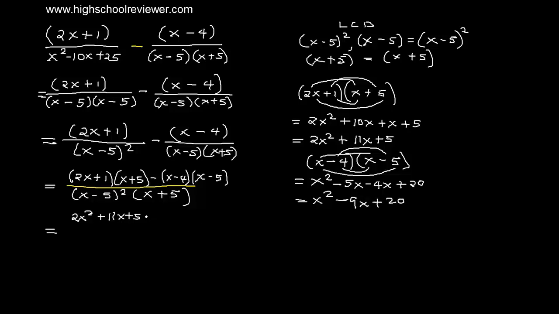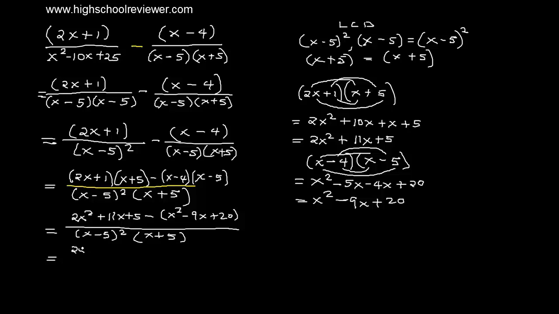So we have here negative, and since this is a whole quantity, let's enclose that by a parenthesis because of this negative sign. So we have here x squared minus 9x plus 20 all over the quantity of x minus 5 raised to the power of 2 multiplied by x plus 5. And then we are going to multiply the terms here by the negative sign.